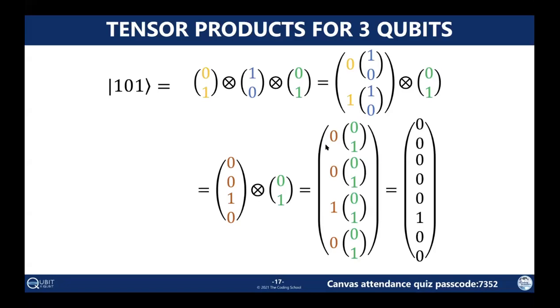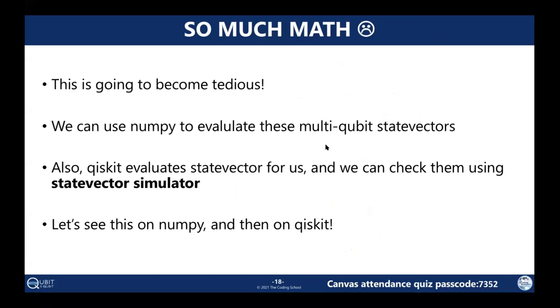Okay. So this 3 qubit state makes it very obvious that it is a lot of mathematics to get to our final result, and this is going to become very tedious very quickly. So instead, we want to use a computer.